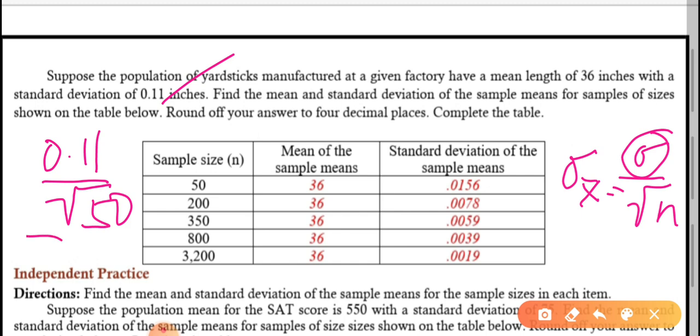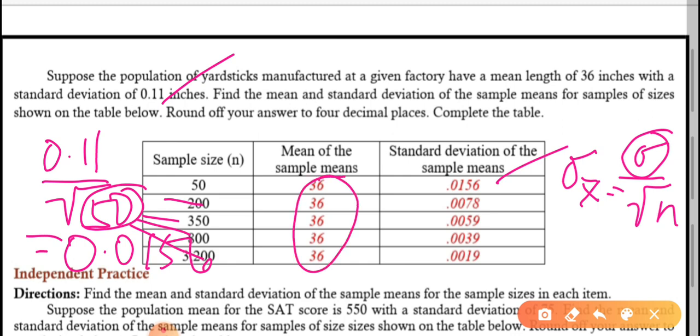Then it's going to be 0.0156. Just replace 50 by 200, by 350, by 800, by 3200. Then perform the indicated operation. Where did we get 36? It is already in the problem that 36 is our mean length.